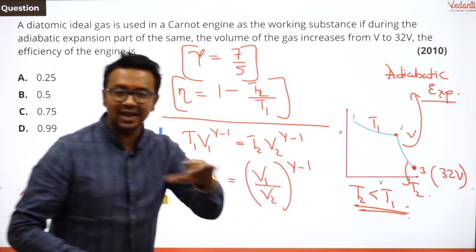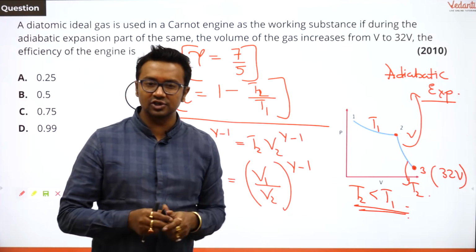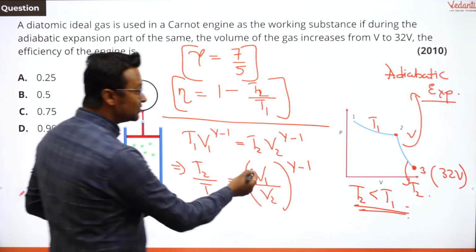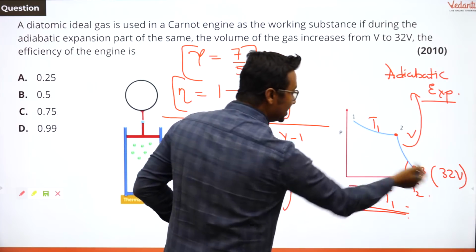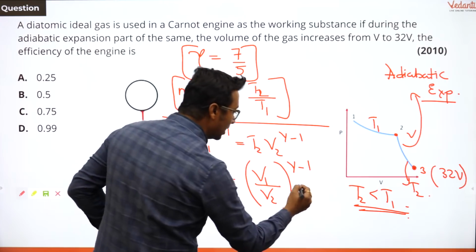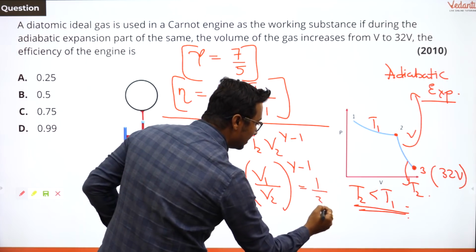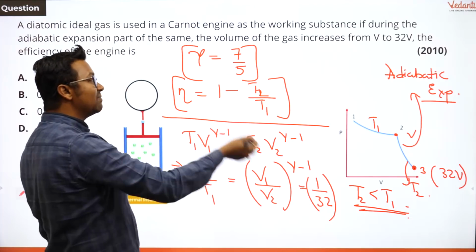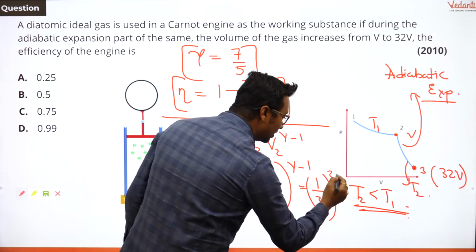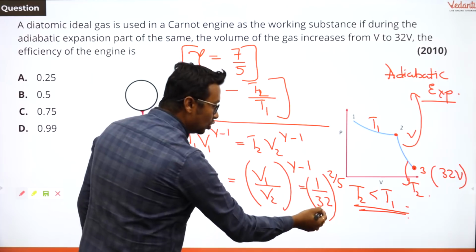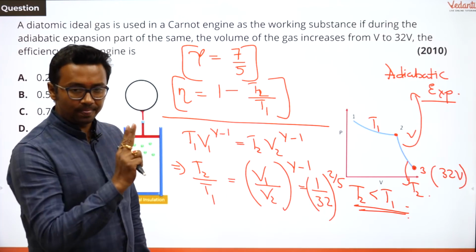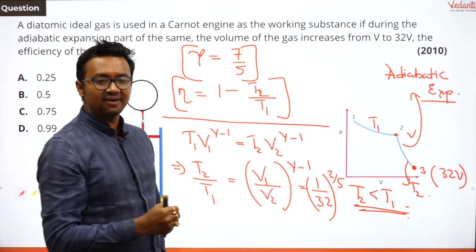So TV to the power gamma minus 1 is going to be constant, the equation of state for all adiabatic processes. Alright. What is V1, my dear students? V. What is V2? 32. So this is going to be 1 divided by 32 to the power gamma minus 1, where gamma is 7 by 5, so gamma minus 1 is 2 by 5. Students, 1 by the 5th root of 32 is nothing but 1 by 2, and its square means 1 by 4.